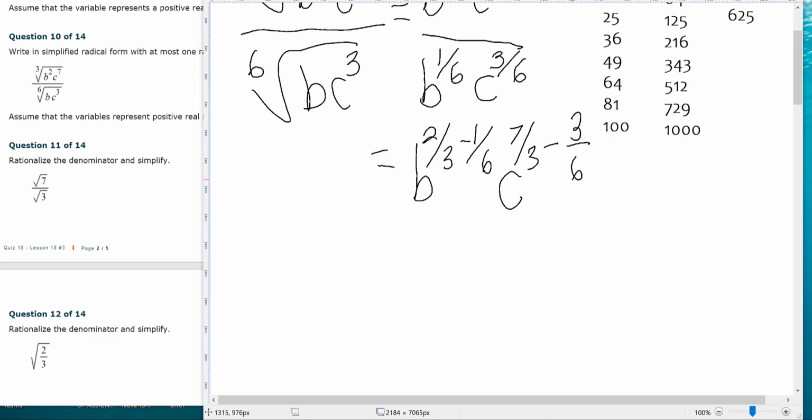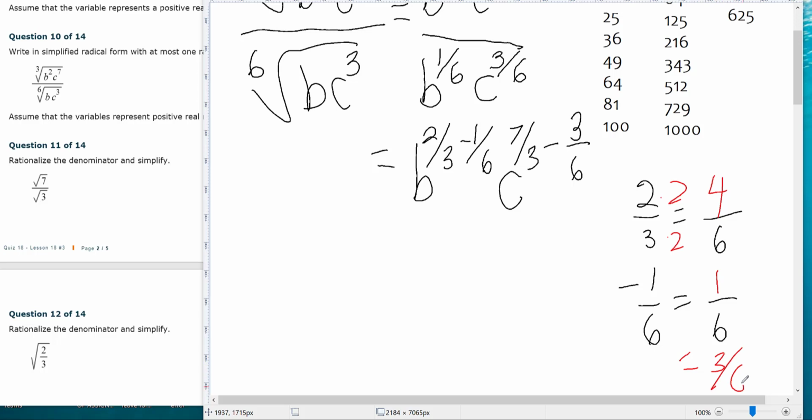Now I have to get a common denominator to do 2/3 minus 1/6, or you can do it on your calculator, but they have to have a denominator of 6. So I'm going to have to multiply the first one top and bottom by 2. So that's going to be a 4/6 minus a 1/6, which is 3/6, which reduces to 1/2. So I have b to the 1/2.